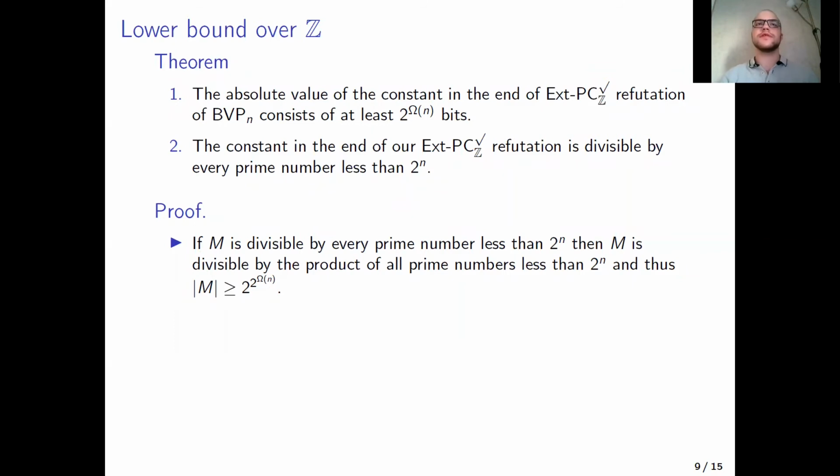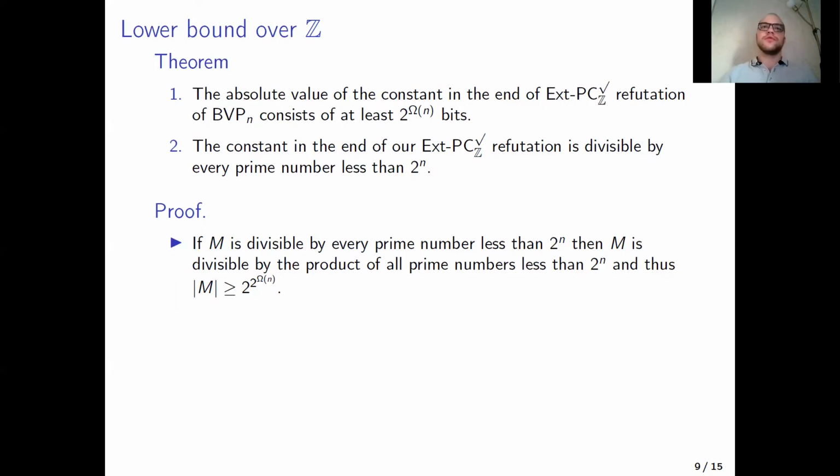So our lower bound consists of 2 parts. In the first part, we are going to show that the constant at the end of our extended PC square root refutation over the integers is divisible by every prime number less than 2 to the power of n, which means that it consists of at least an exponential number of bits.